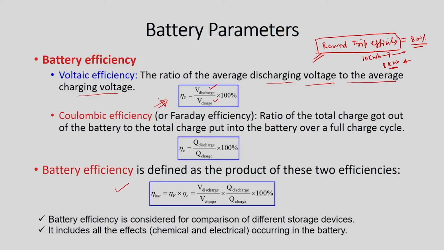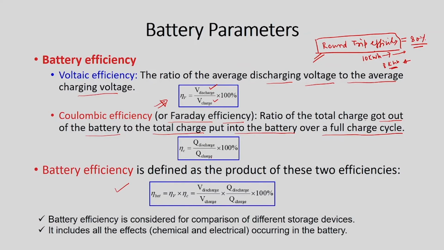The second efficiency is Coulombic efficiency, also known as Faraday efficiency, which is the ratio of the total charge got out of the battery to the total charge put into the battery over a full charge cycle. This is defined as Q discharge by Q charge. If we multiply these two, then what we will have is the battery efficiency.